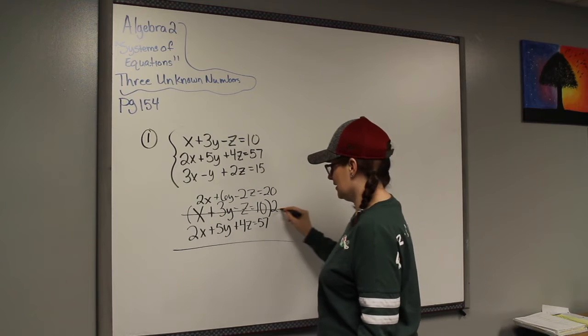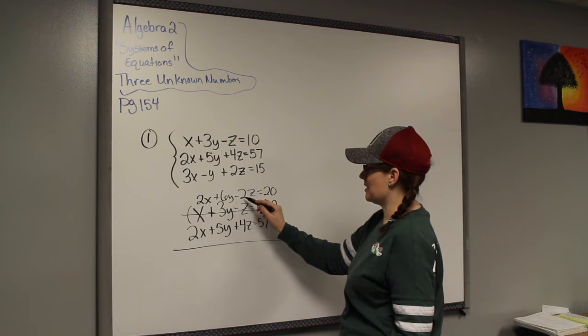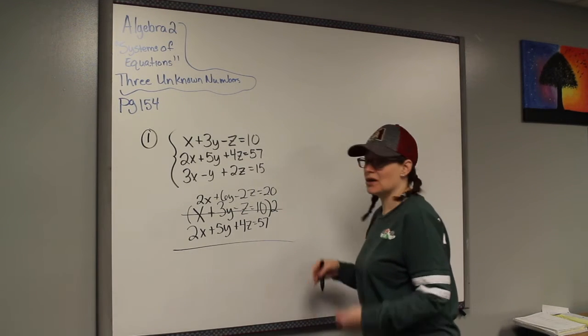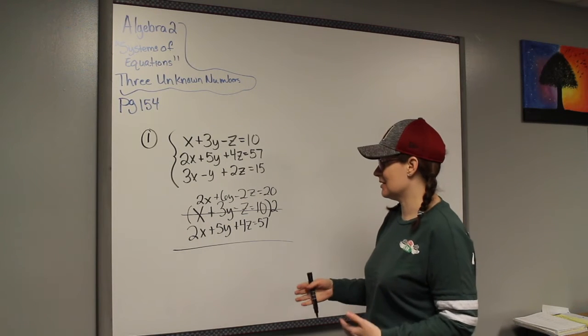So I changed that top one so that it's 2x plus 6y minus 2z equals 20. As long as you multiply everything, you can always manipulate equations, but you have to do whatever you do to everything so that it stays equal.